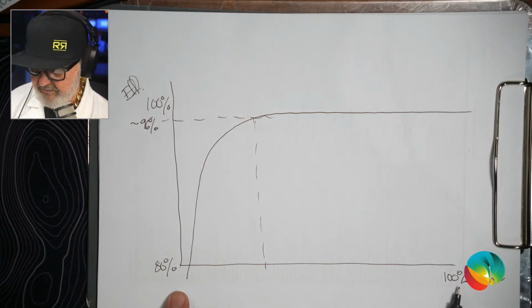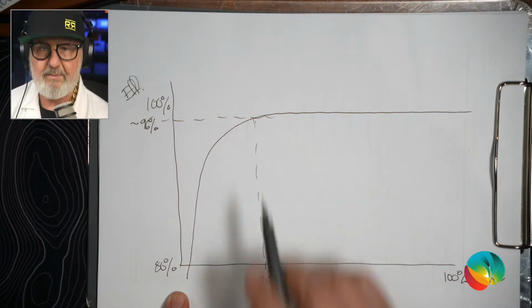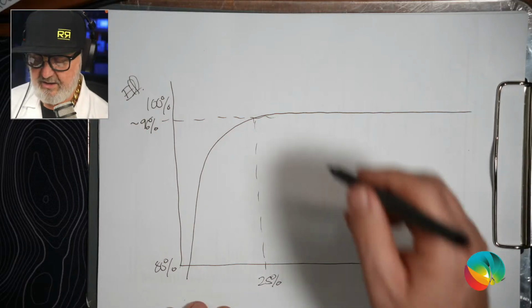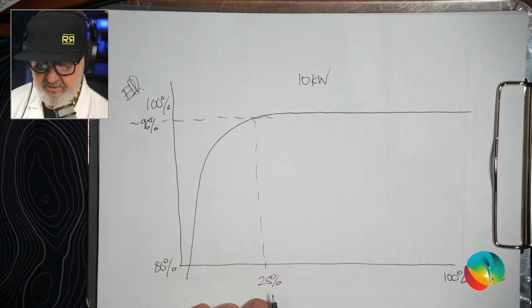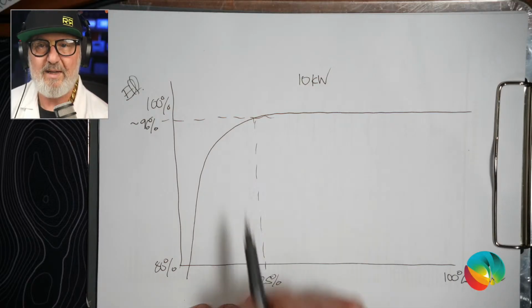But in terms of power, we might be up around the 25% mark before we actually hit peak efficiency. Now, let's say you've got a 10 kilowatt inverter, you're actually producing about 2.5 kilowatts of PV power. Are you up in the efficiency part of the curve?